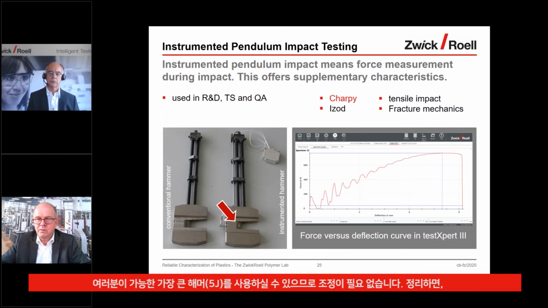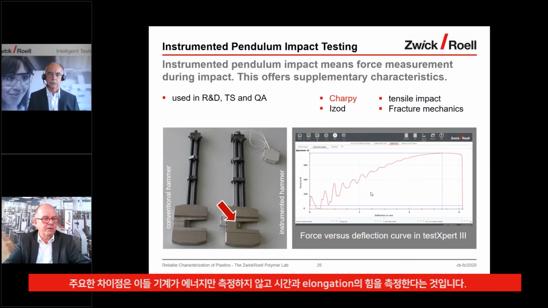So you can use a 50 joule hammer, as your result does not depend on this potentially available energy. You just measure the forces. This is the main difference. These machines do not measure energy anymore, they measure forces, and forces in time and elongations.